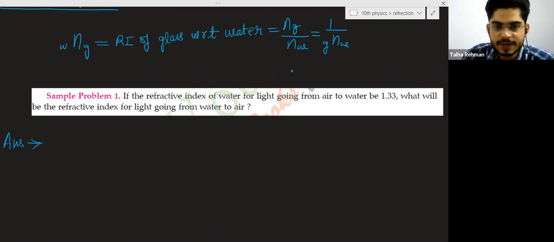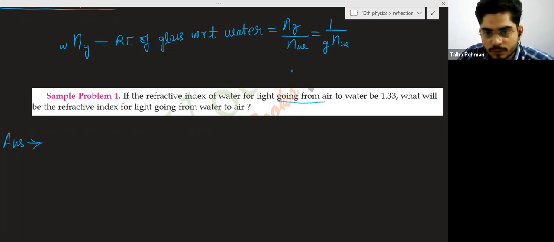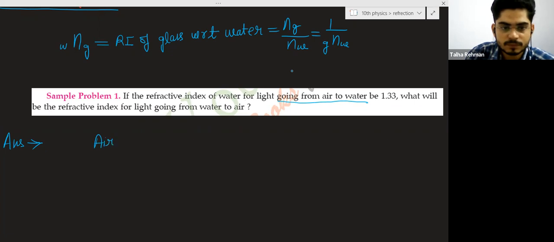If the refractive index of water for light going from air to water. So light is going from air to water.